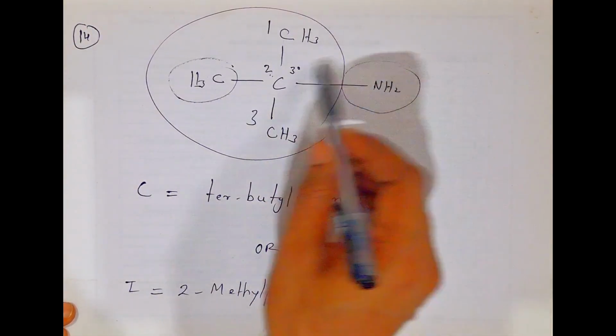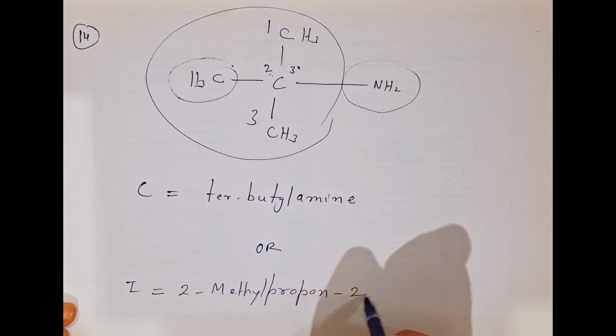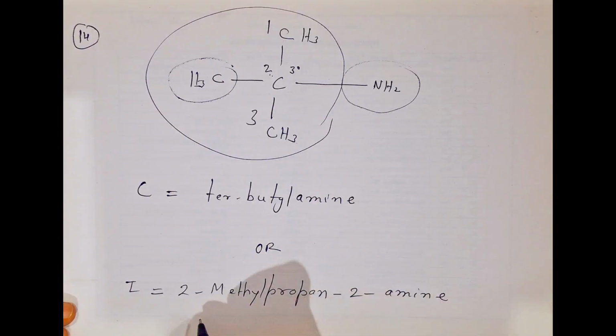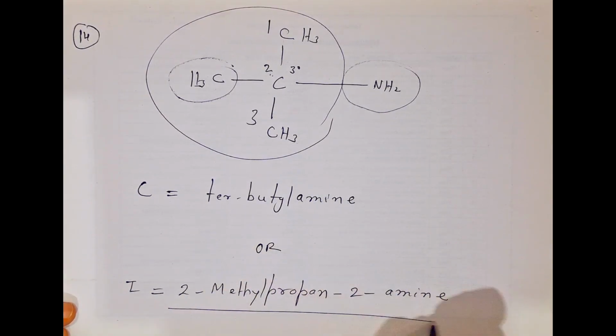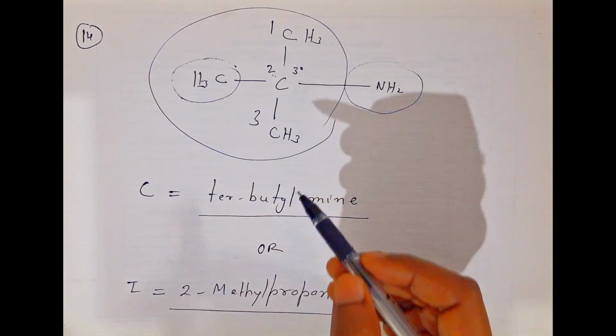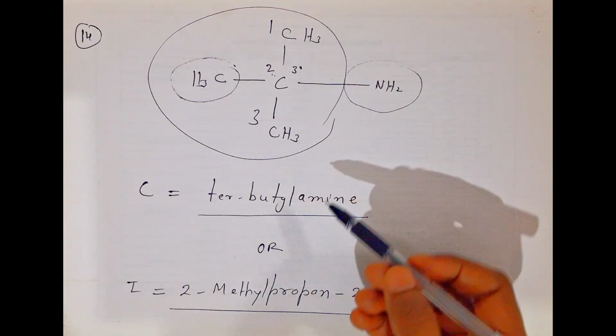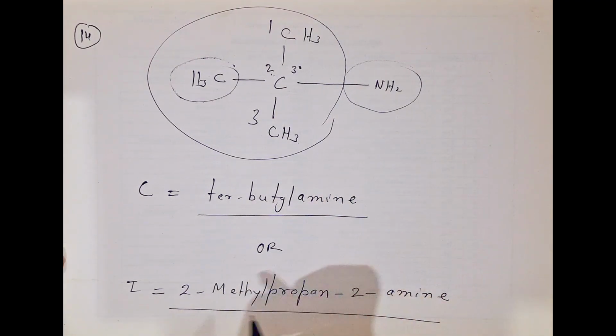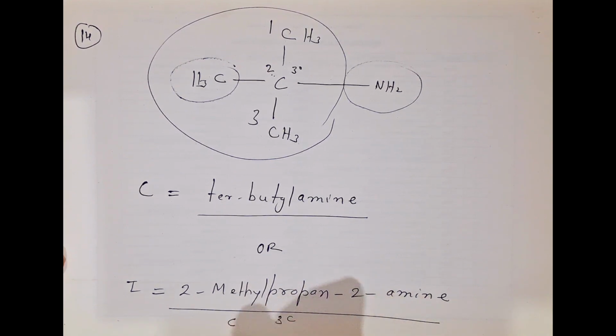At carbon number 2 you have amine group, so it is called 2 amine. So 2-methyl propane 2 amine is nothing but tertiary butyl amine. In examination sometimes they may ask match the column, students, so you should know 3rd butyl amine is nothing but 2-methyl propane 2 amine. Here methyl is containing 1 carbon, here it is 3 carbon, so 4 carbon containing alkyl group, that is 2-methyl propane 2 amine.